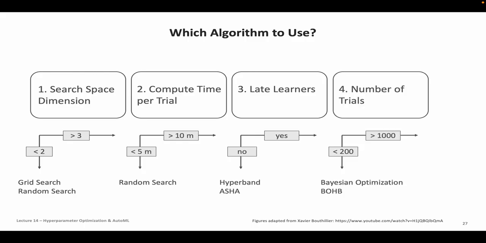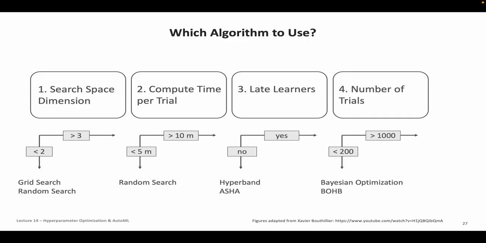then we move on to the next decision point, which is to look at the total number of trials you can afford to run with your compute resources. And if that's smaller than 200, it makes sense to use things such as Bayesian optimization or Bayesian optimization combined with Hyperband.